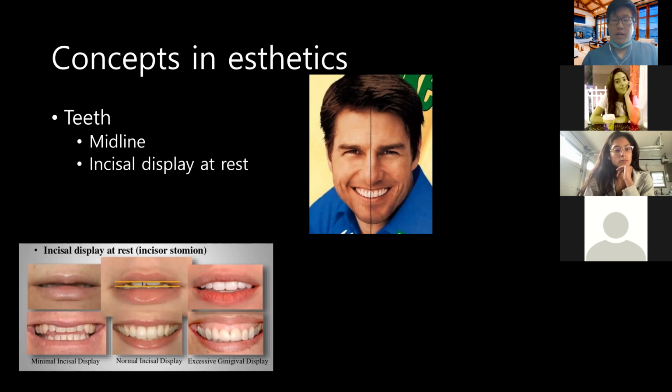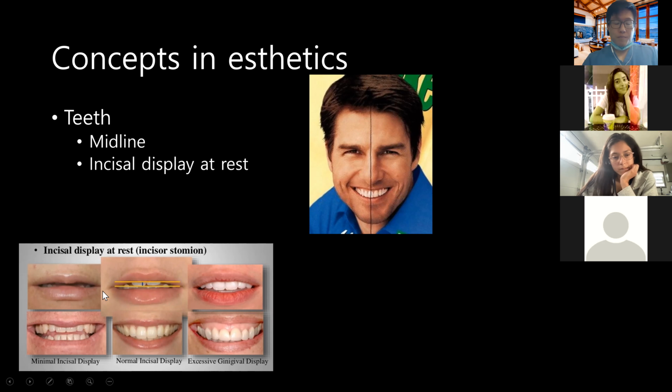Another important aesthetic principle concerning the teeth is the incisal display at rest. Incisal display means how much of your incisors are showing when your lips are at rest, okay? Not closed, but just at rest like this, right? You can see here, the ideal is about 1 or 2 millimeters of your central incisors showing when your lips are at rest.